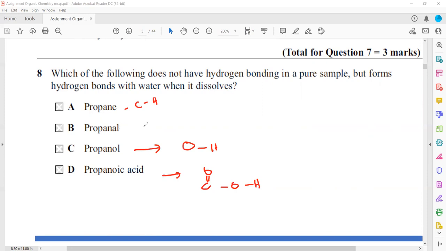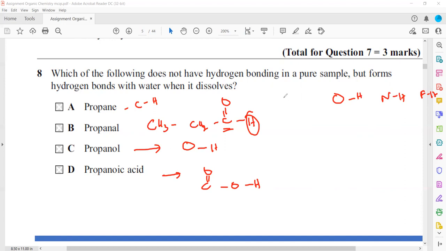In propanal, this is the structure of propanal, CH3CH2C double bonded with O and H. For hydrogen bonding, hydrogen must be attached to oxygen, nitrogen or fluorine, but in propanal, hydrogen is not attached to these. So within the propanal molecules, there is no hydrogen bonding.